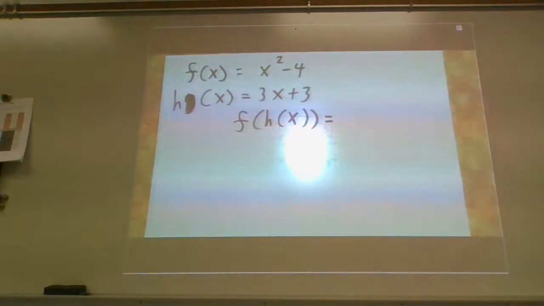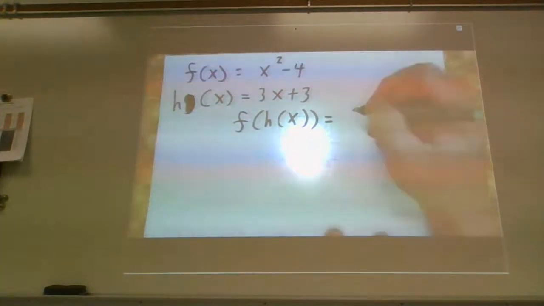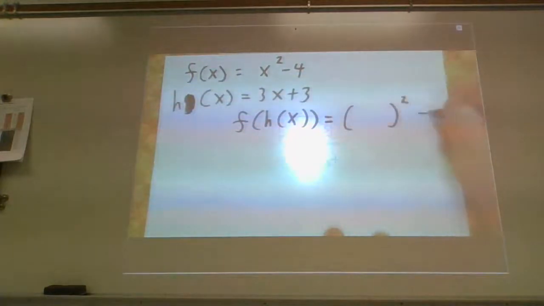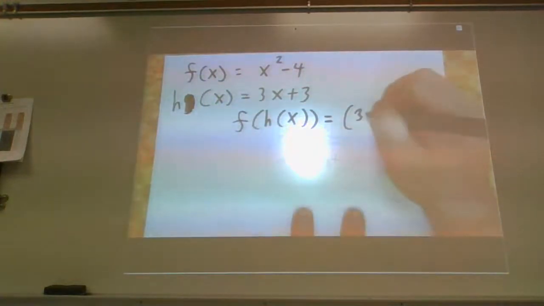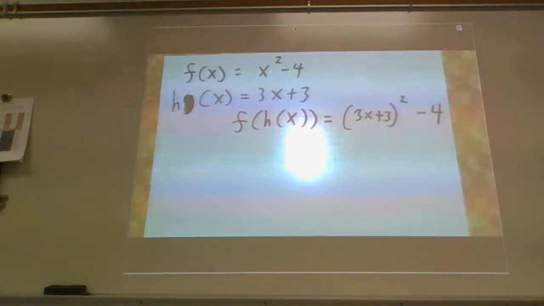And since they want f of h, the outer framework, the f of x function, is what we're working with. What's going in that framework is a 3x plus 3.